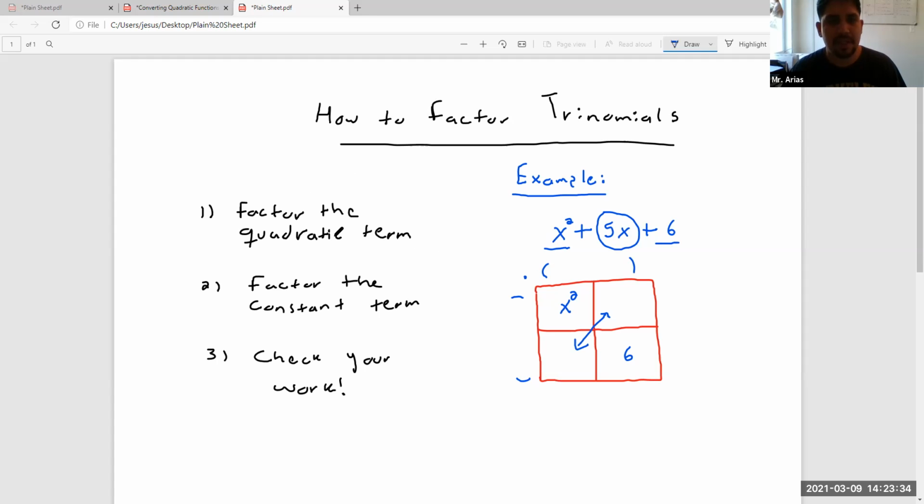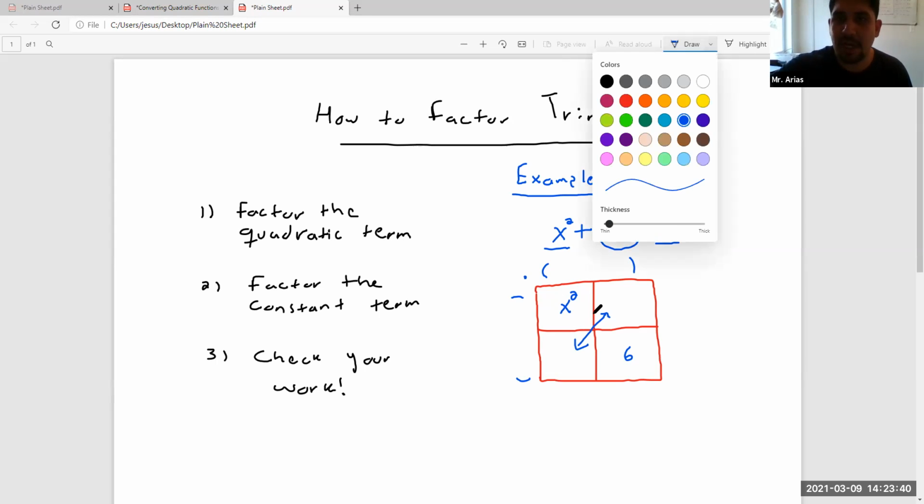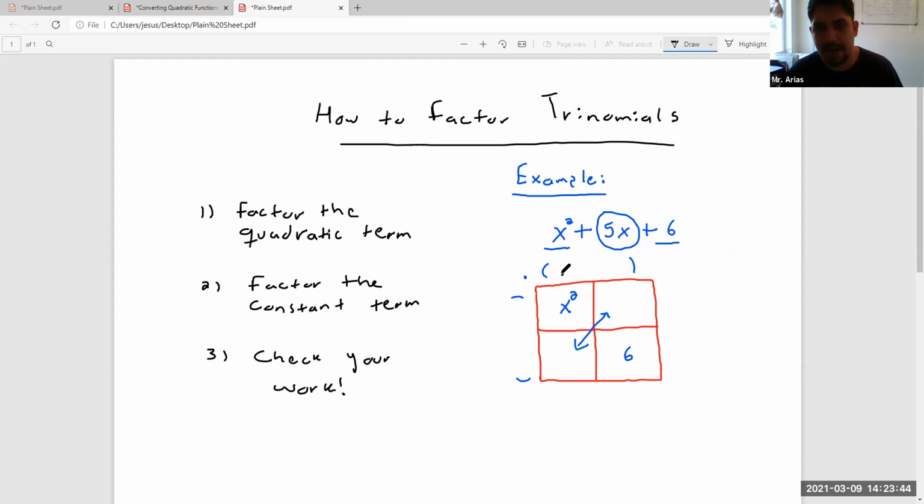Okay? So step 1 is to factor the quadratic term, which means x to the power of 2. So the question here, ladies and gentlemen, is what do you have to multiply by? What two terms do we have to use to multiply them and then produce x to the power of 2? If you think about this question, one of the options, pretty much the only option that comes to mind in this case, would be just to multiply x times x, right?